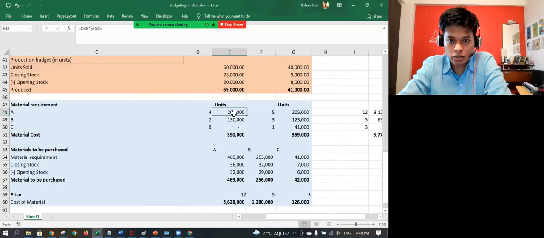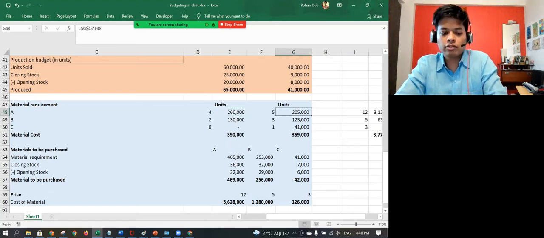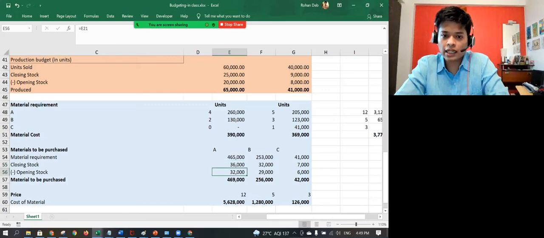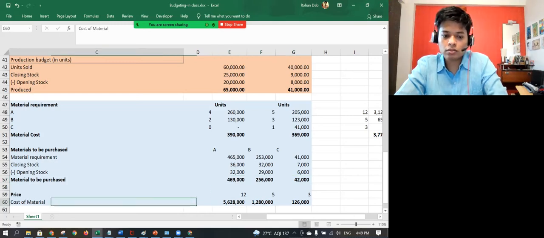For each unit, I had 26,000 units of A plus 205,000. If I add both of these, I'll get 465,000 units of A. Out of 465,000, I had opening stock, so sorry, I added the closing stock and removed the opening stock. That will give me the number of units of A that I had to purchase. You multiply that with the price given and you'll get the total cost.